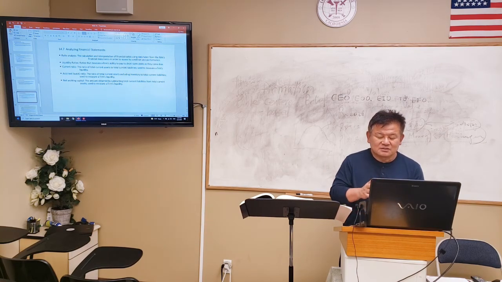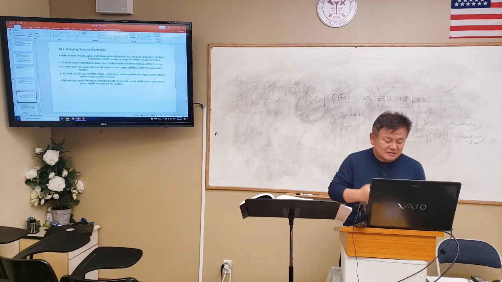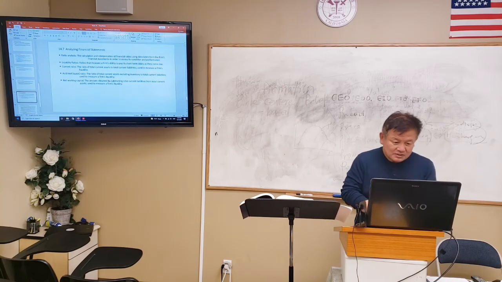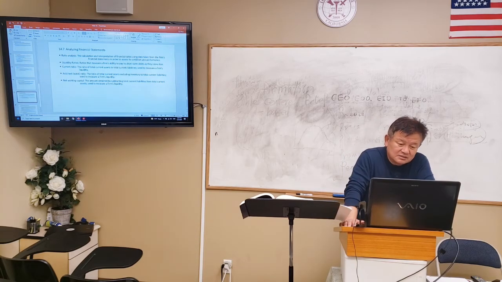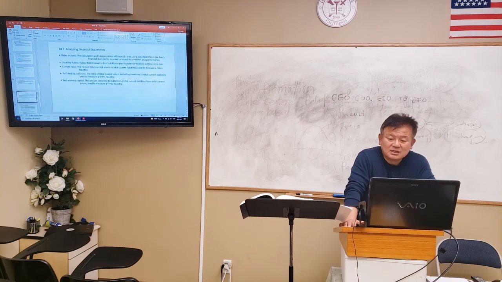So for example, the CEO asks the manager, what is your current ratio this third quarter? And then the accounting manager shows the firm's liquidity statement. That's it. This is the current ratio.